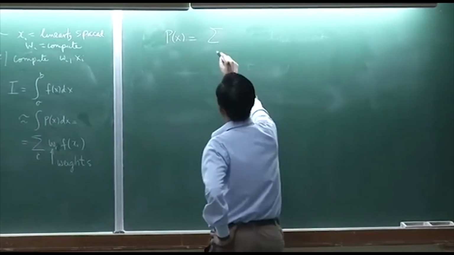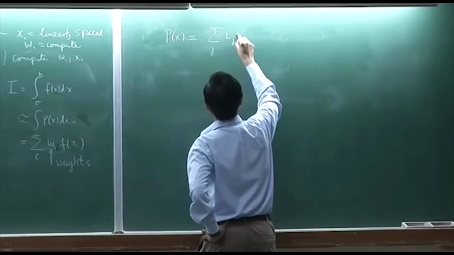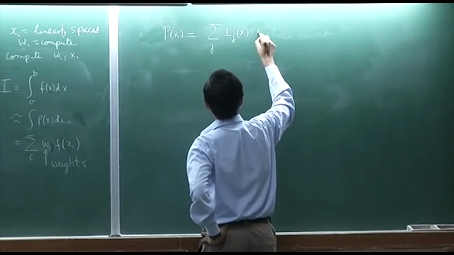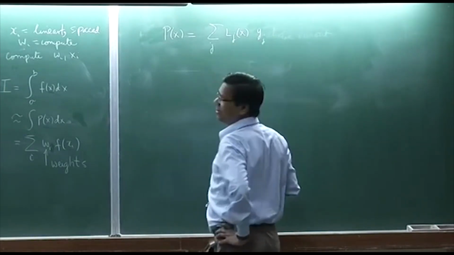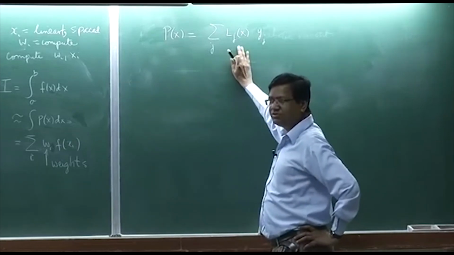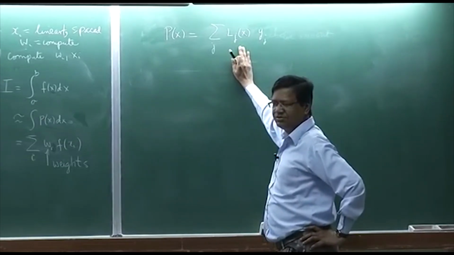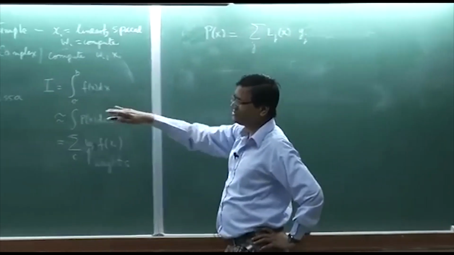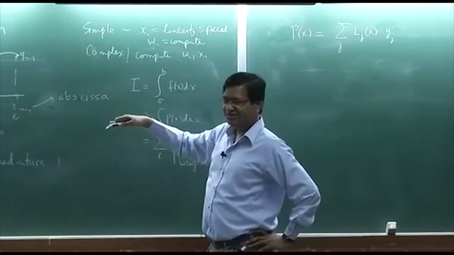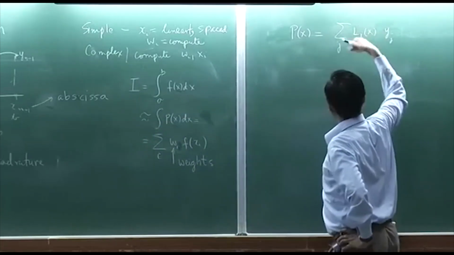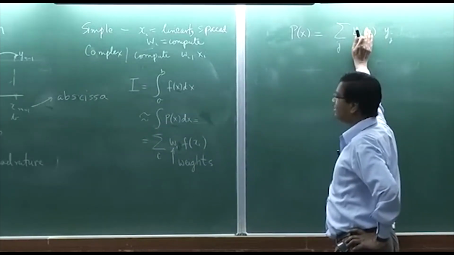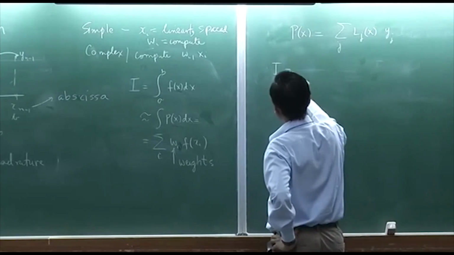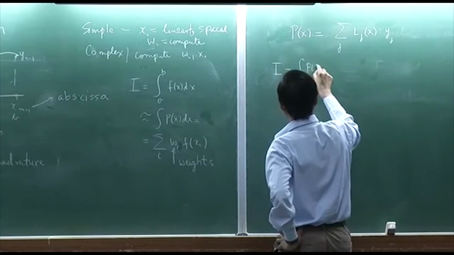So we write this as the sum over j of Lj(x) yj. So this is a function of x. Of course, it involves also xi's, but there is no y dependence. So once I fix x's, then this is independent of y's. Now to get the integral, I want to approximate I, the integral of p(x) dx.